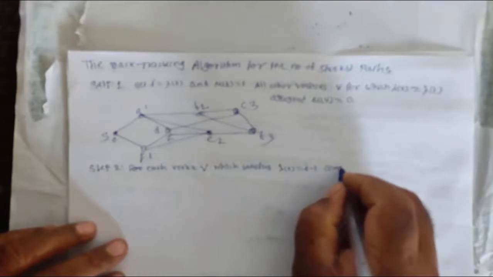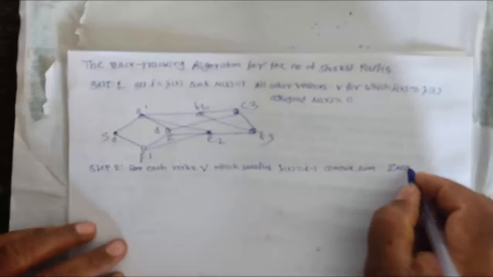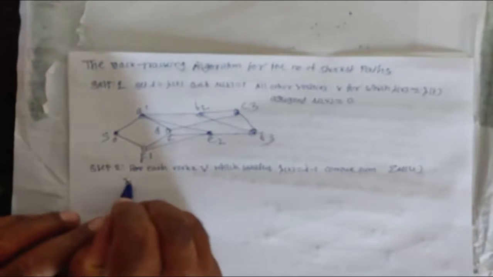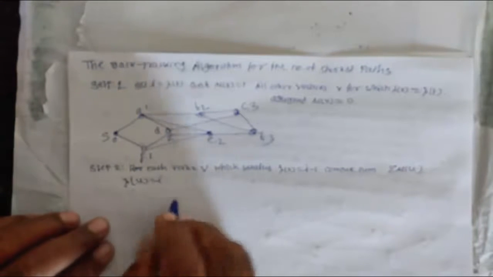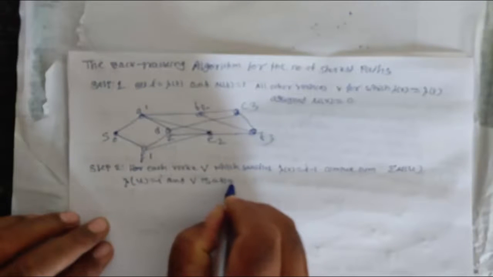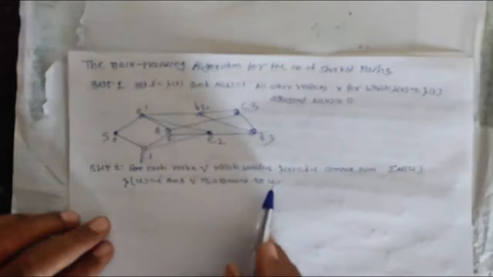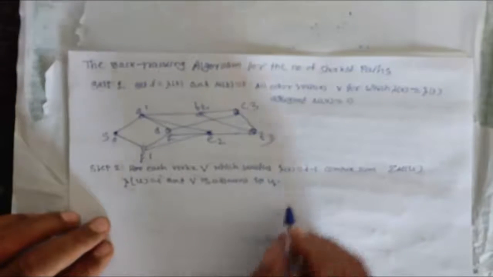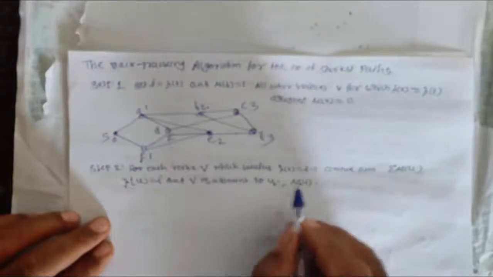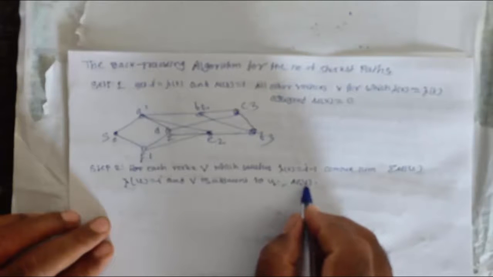Compute the summation of mu of U, for all U's that satisfy the following condition: lambda of U is equal to I and V is adjacent to U. If there are parallel edges, then mu of U is repeated in the summation.